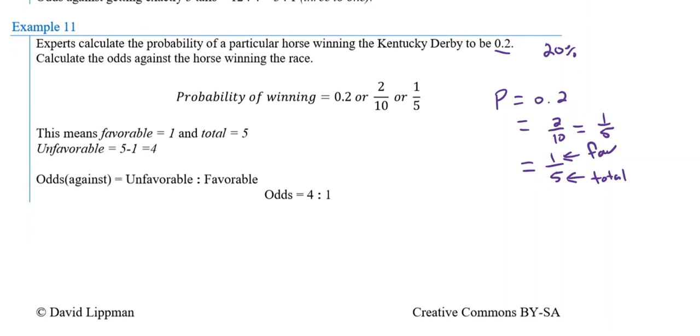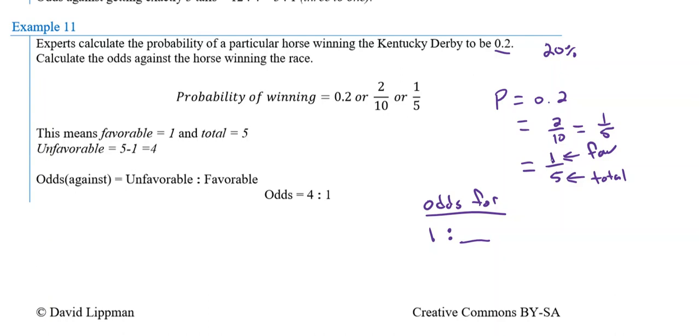All right, you know what would be an easy way to do this? Let's figure out what the odds for the horse winning is. The odds for would be 1, that was our favorable, dot dot. Now what's our unfavorable? Is it going to be 5? No, 5 is our total. Unfavorable is going to be everything else.